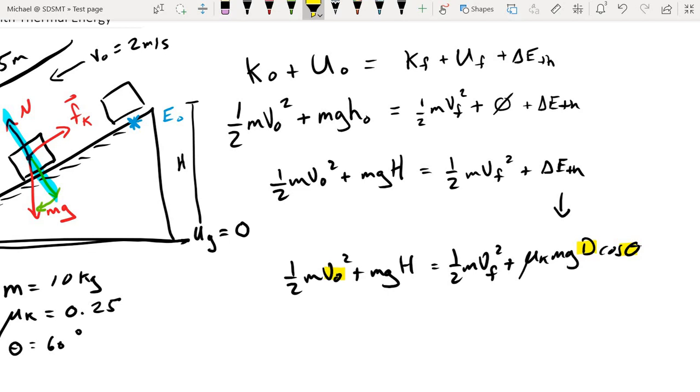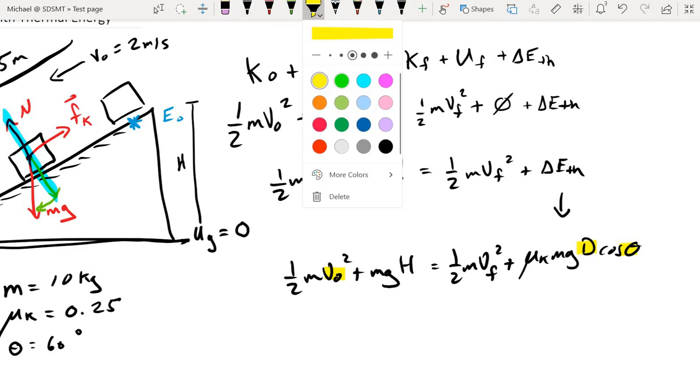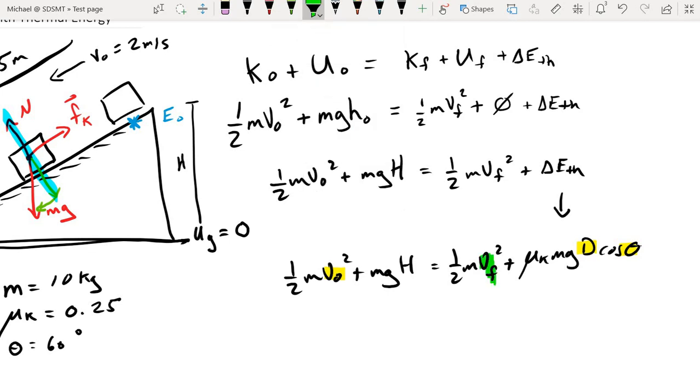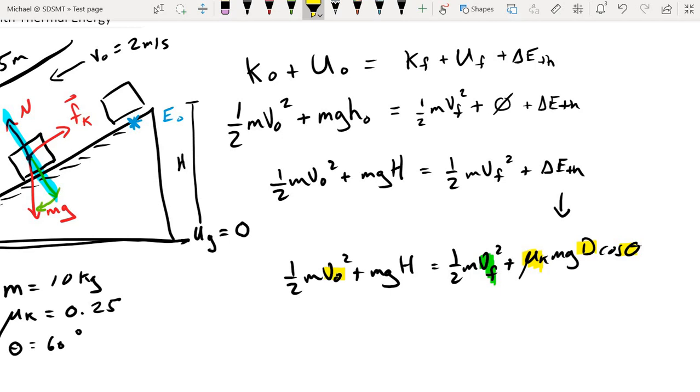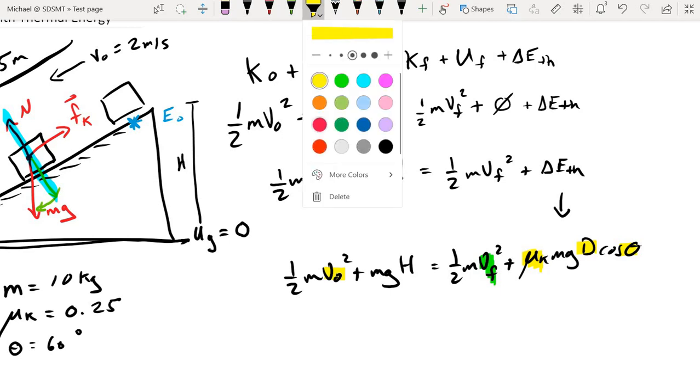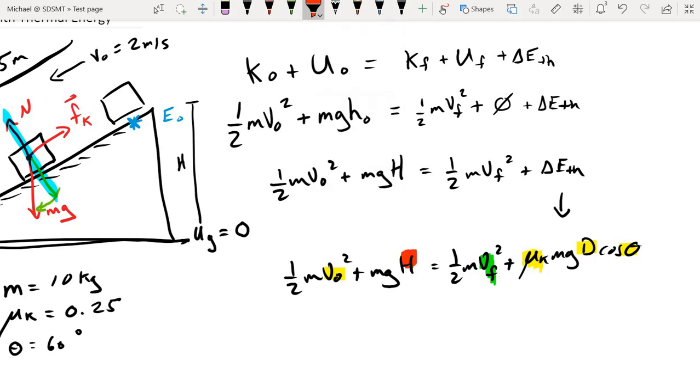We know the M, but that's going to cancel out. And what we were looking for was the value for V final. We also have our coefficient of friction. We know what gravity is. But we're still missing one important term. We don't know what the starting height of our mass was.